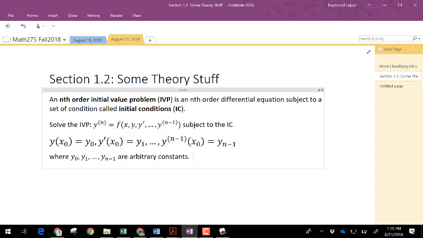The initial conditions are other equations, some other information that tells you a little something about the specific differential equation that you're solving for. The whole setup might look a little confusing, but if we throw up an example over there, it should hopefully clarify things a little bit.